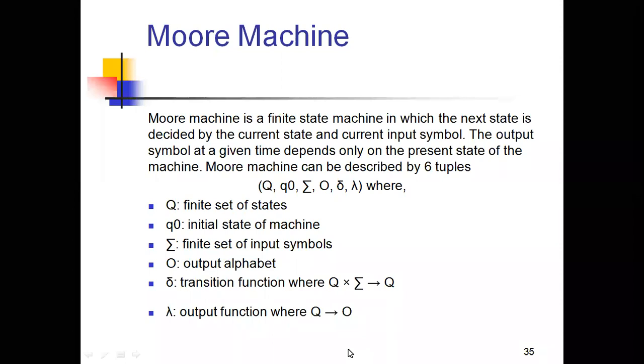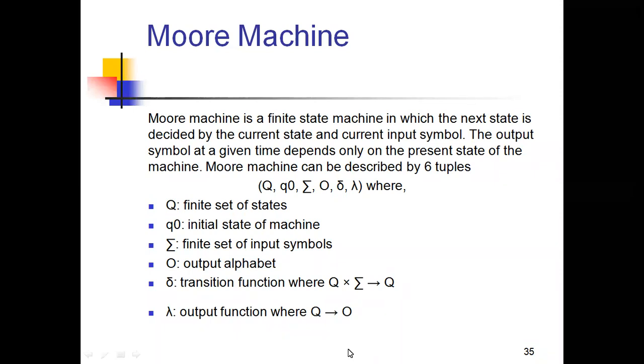That is the same for finite state machines, but here we are adding another symbol, that is an output symbol. The output symbol at a given time depends only on the present state of the machine, right? Then it decides whether it is a Moore machine or a Mealy machine.